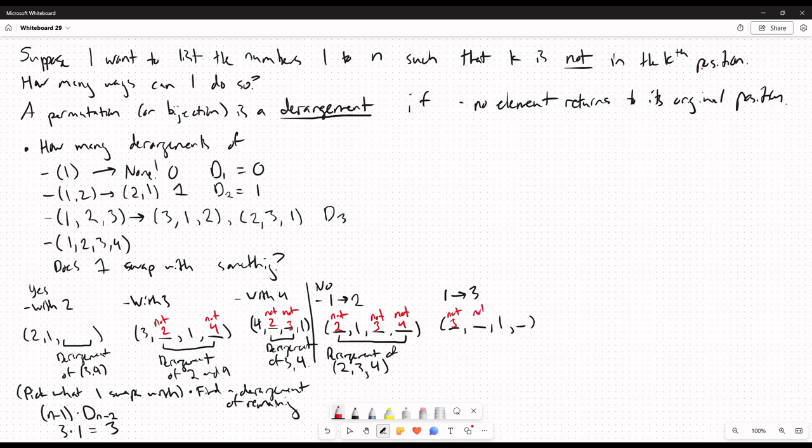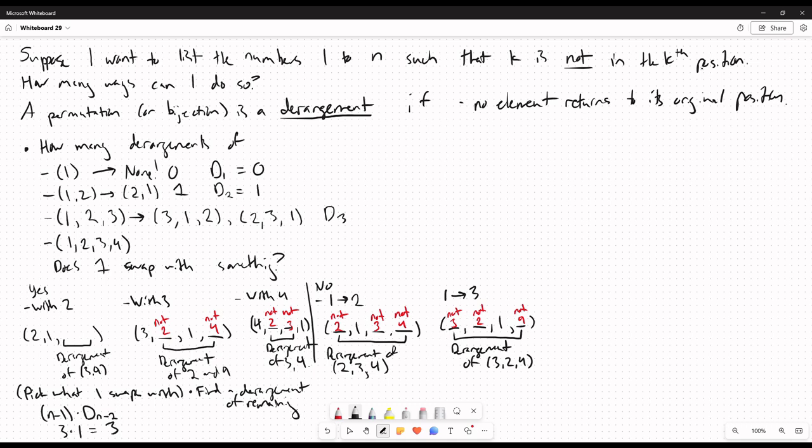This can't be 2, and this can't be 4. So what I need to do for those is find a derangement of 3, 2, 4 in this case, in order to assign numbers to those 3 spots.